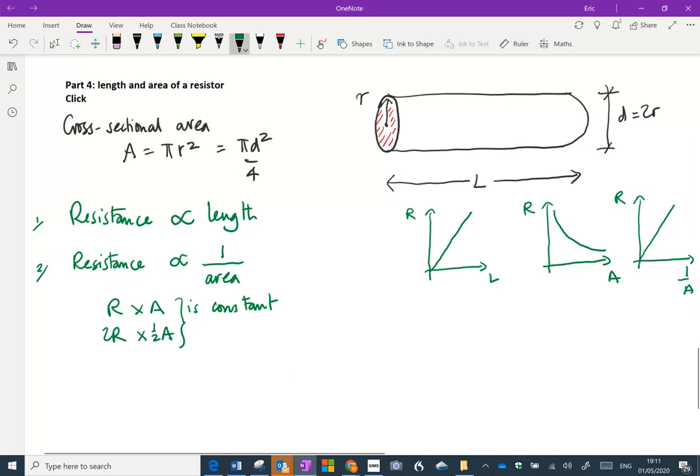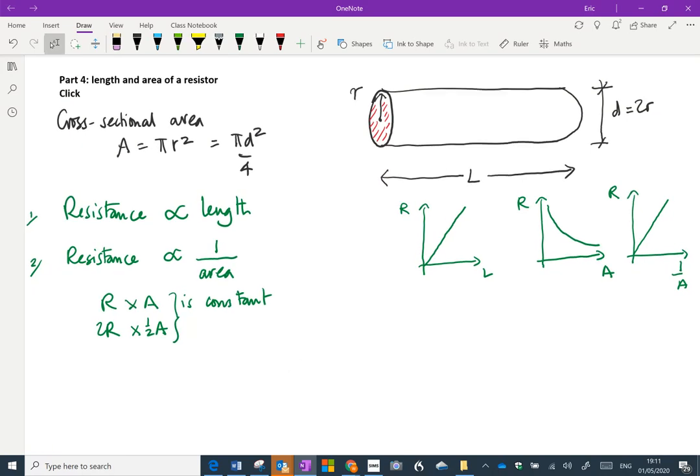Now, what happens then if we double the diameter? So if we double the diameter, okay, so d goes to 2d, then the area goes to 4 times. Can you see why that is? It's because the area is proportional to the diameter squared.